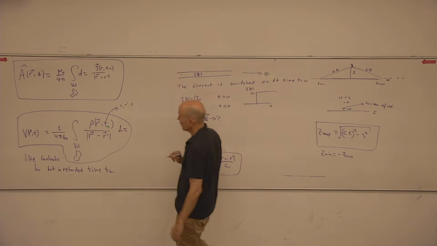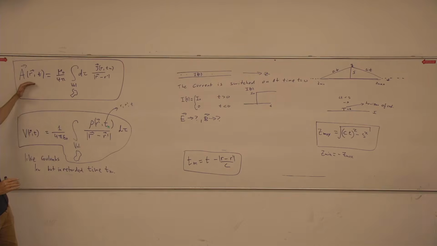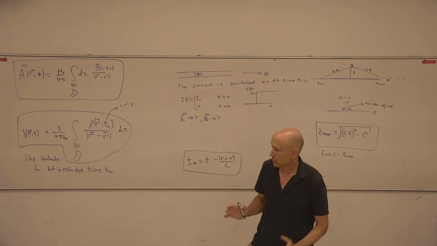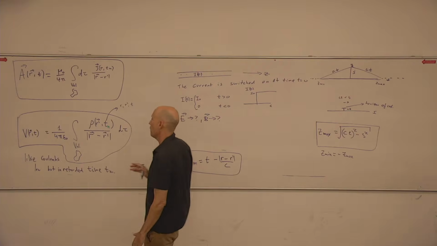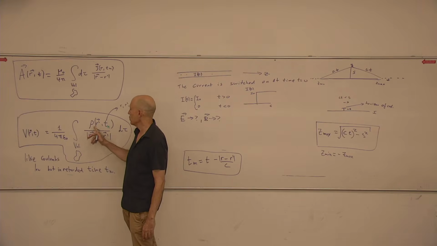Now, what do we need to calculate? We have two equations. One of them is A, and one of them is V. We want to calculate, let's say, the electric field. Which one do we use? We need both. But V, in this case, is trivial because there's no charge density.